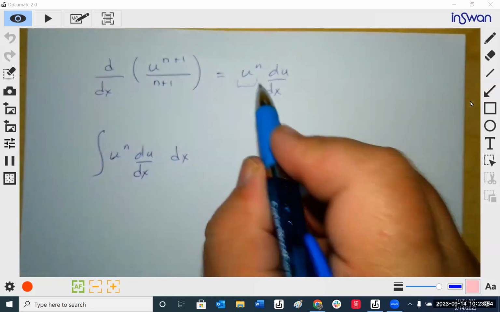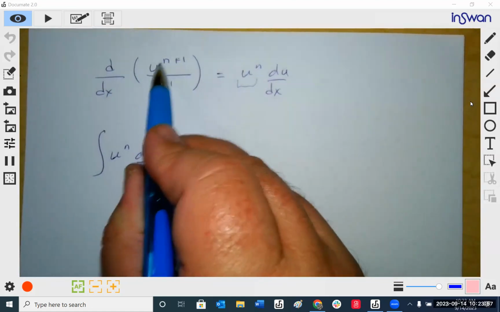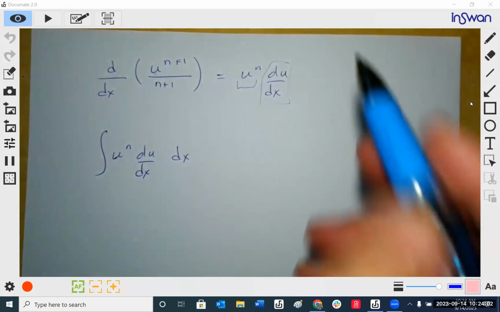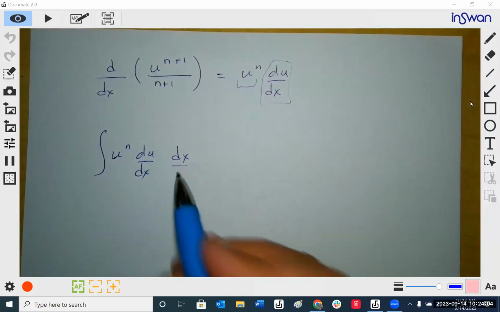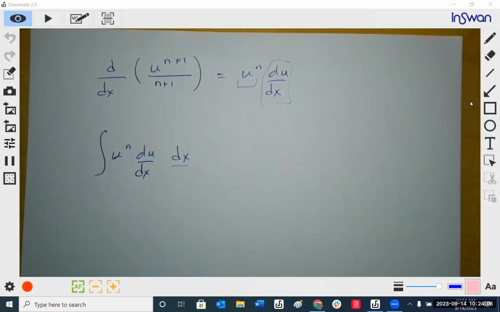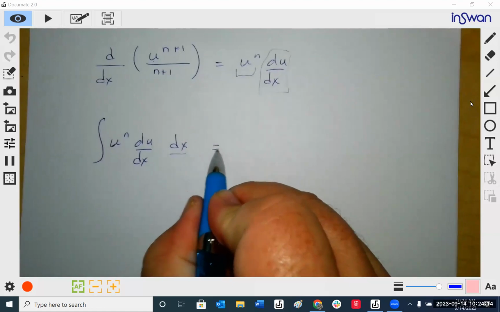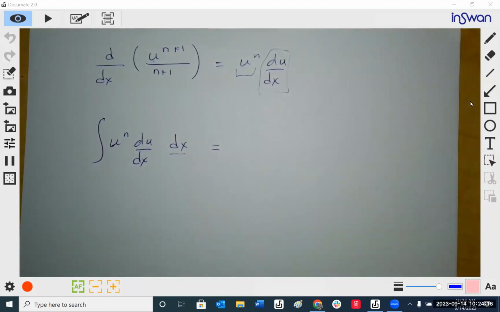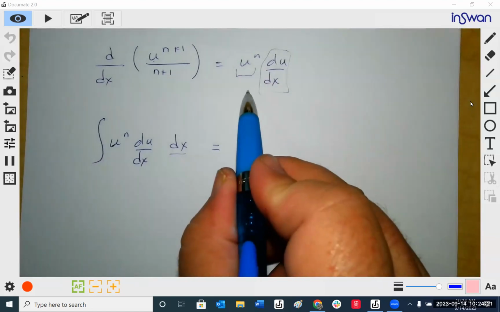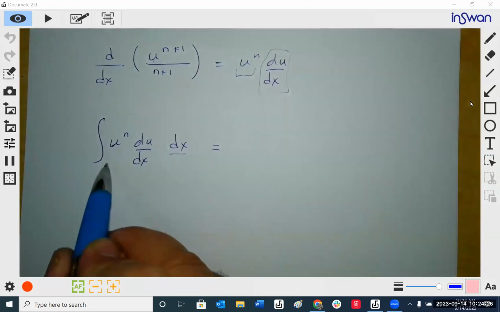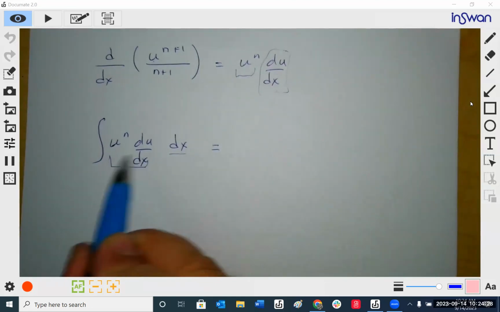Remember, we take the derivative of u, leave the u alone, then we take the derivative of u. All this is being taken with respect to dx. Since this is our derivative, where does this part come from?